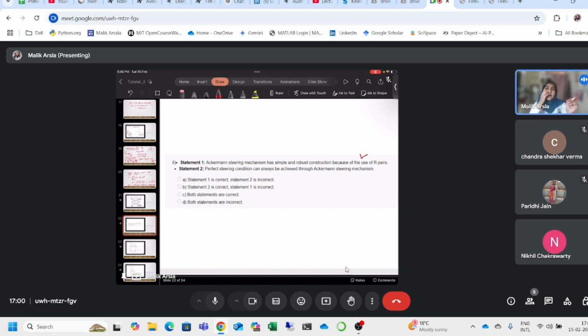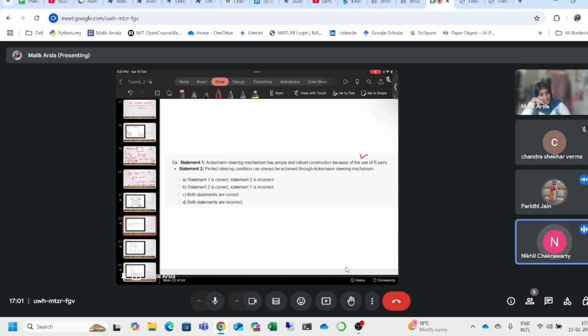It has 4 R pairs, so it is simple. Now, perfect steering condition can always be achieved through Ackermann steering mechanism. So what is the condition for perfect steering? Can anyone tell me what is the perfect steering condition?